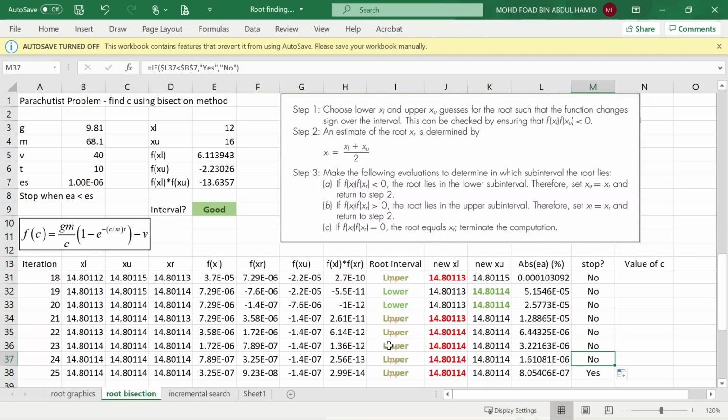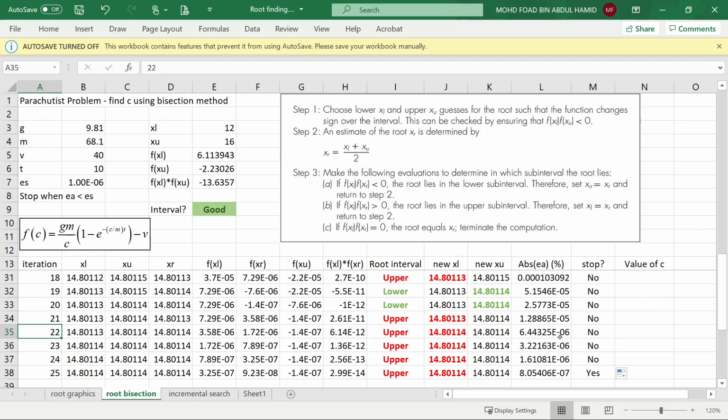Okay, so note that up to 22, our absolute error is 6.4 times 10 to the minus 6, right?